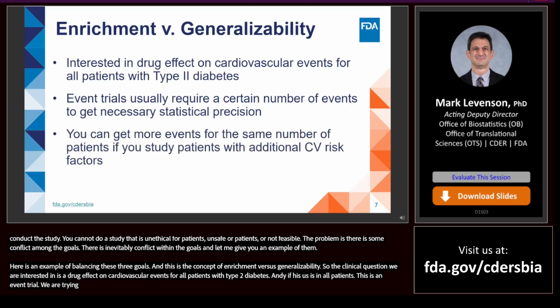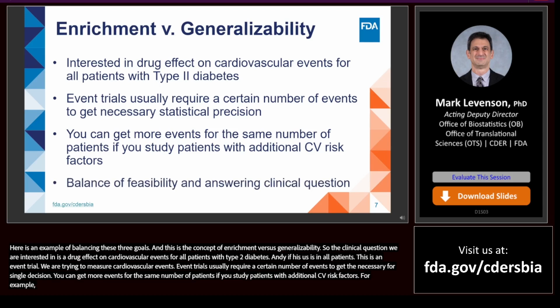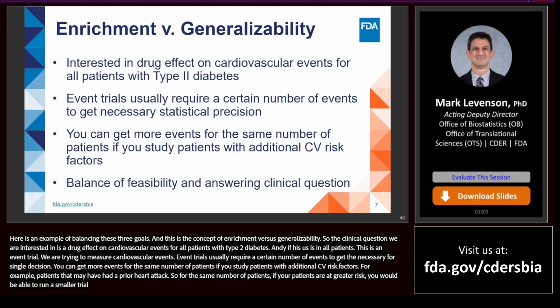You can get more events for the same number of patients if you study patients with additional CV risk factors. For example, patients that may have had a prior heart attack. So for the same number of patients, if your patients are at greater risk, you're going to be able to run a smaller trial. However, you're not really answering the first clinical question that I stated because you're interested in all patients with type 2 diabetes. So here we see that there's a balance between feasibility and answering the clinical question.